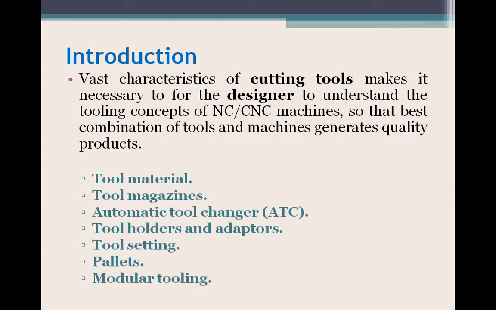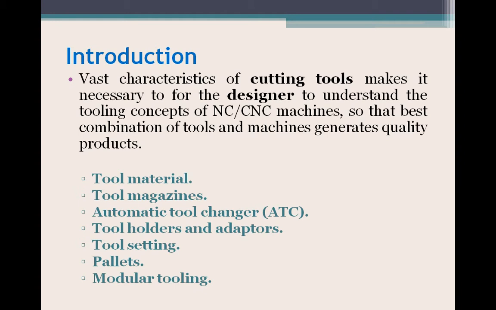Now if I talk about this particular chapter, there are various factors we need to look into. First, tool materials, which play a major role. Tool magazines, the way someone stores the tools. Automatic tool changes, that means how we change the tool placed inside the magazine.